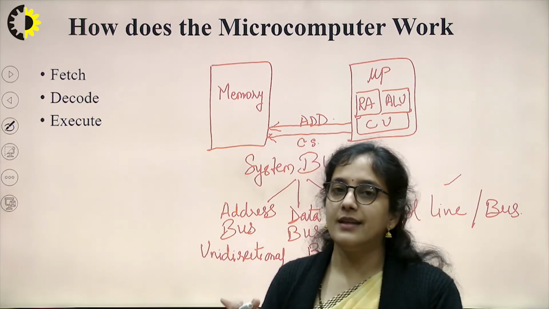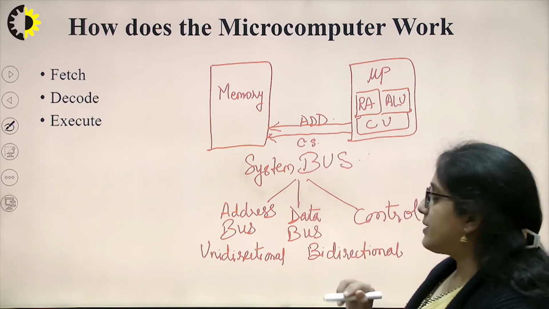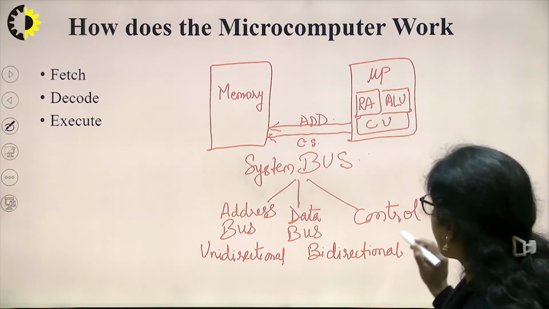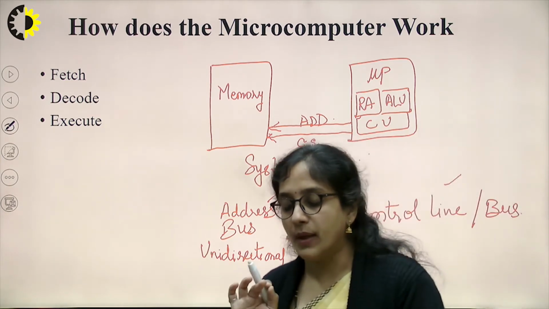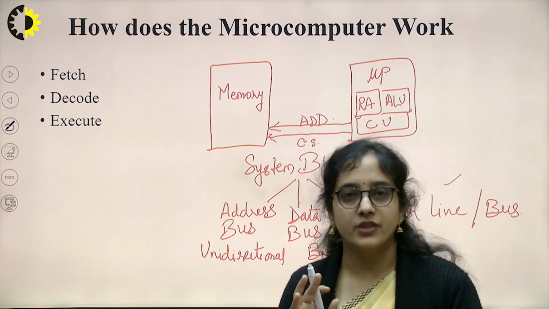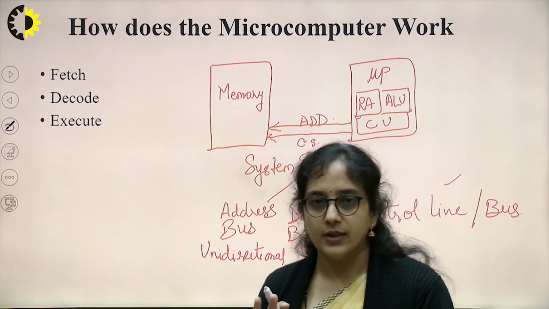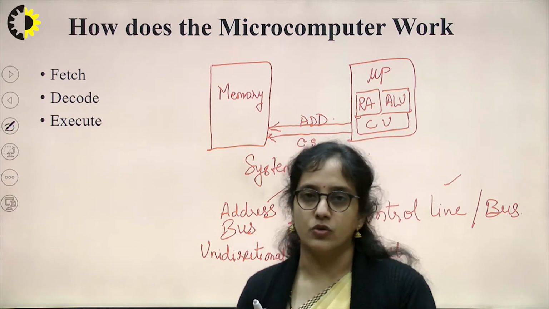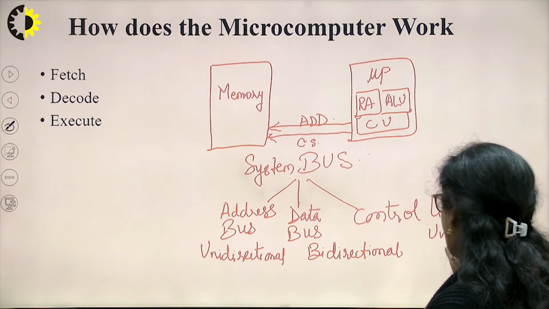And the control lines: the microprocessor is the only device which generates control lines or control signals, so this is again unidirectional.